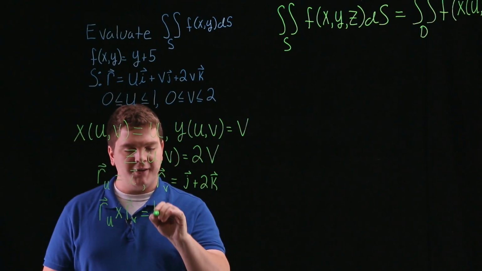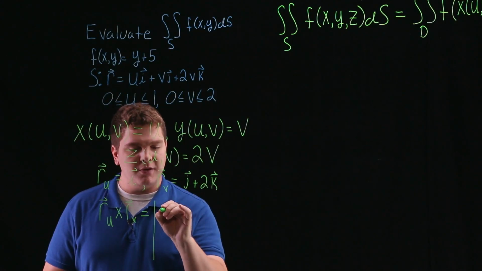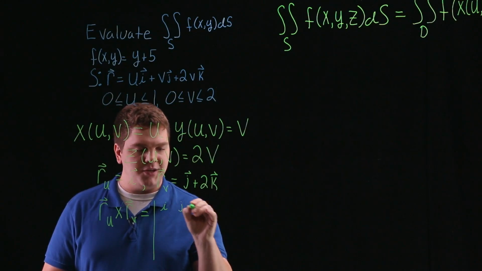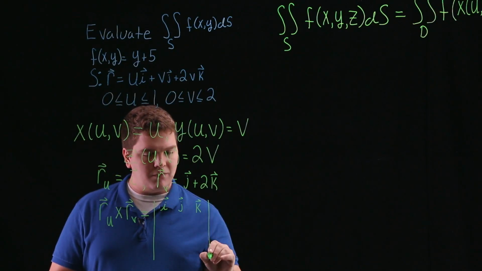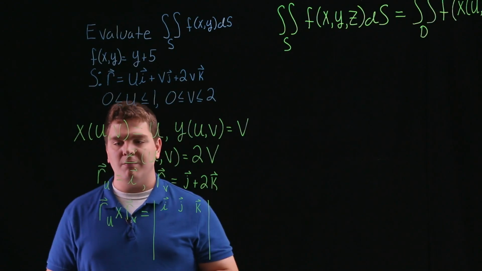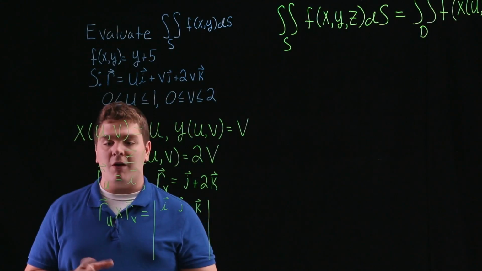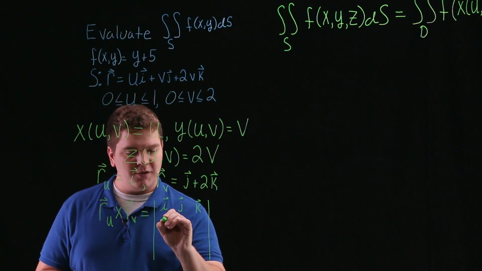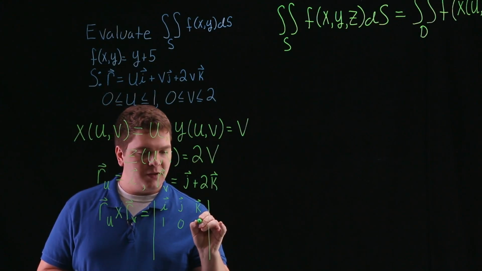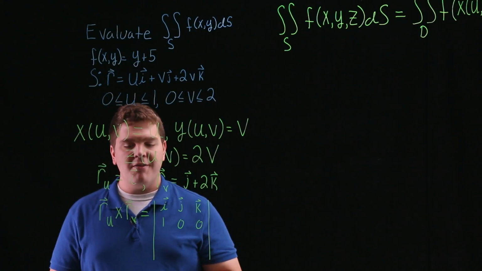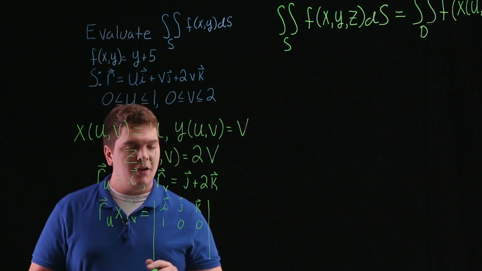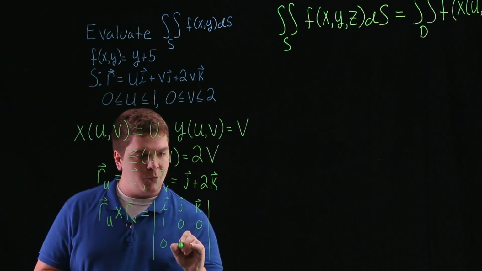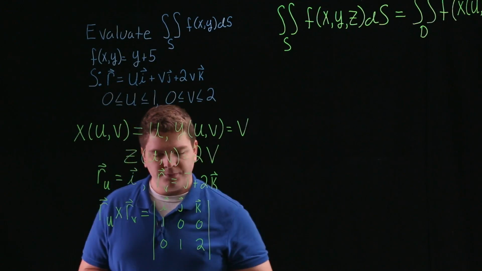This is going to be the determinant form, whose first row is i, j, k. The second row comes from the partial derivative of r with respect to u, which is 1, 0, 0. And the third row comes from the partial derivative of r with respect to v, which is 0, 1, 2.